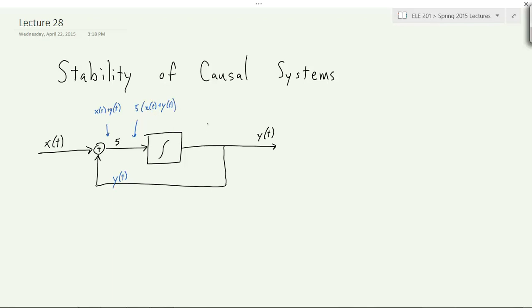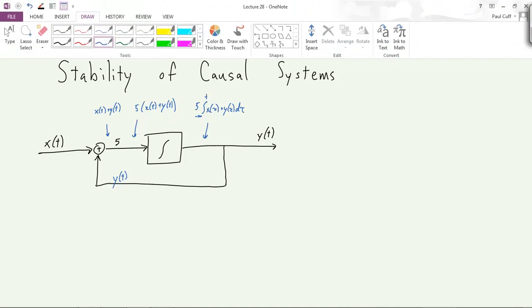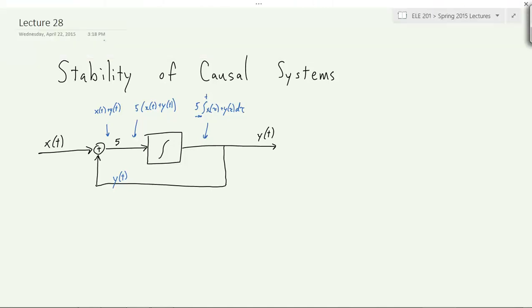And so right here, we have the integral, and let's bring the 5 out: 5 times the integral of x of tau plus y of tau d tau. Now we're at the same line as y of t, so we get an equation. The equation is that y of t equals that integral.